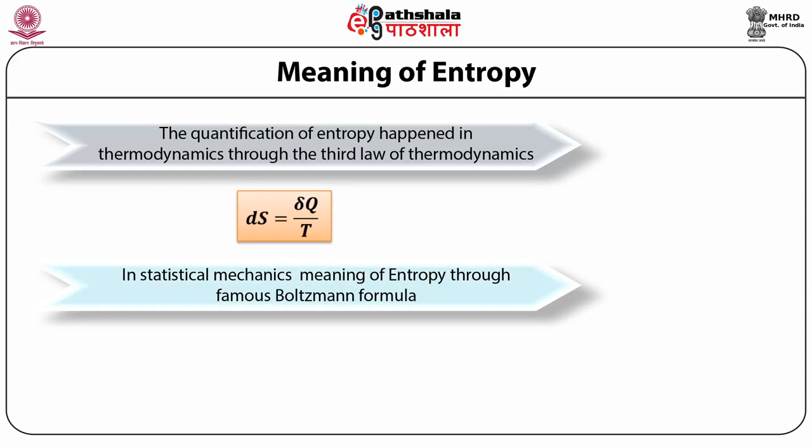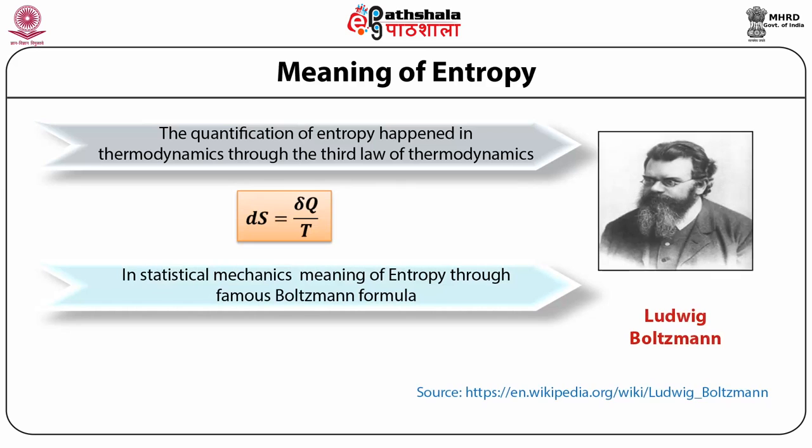In statistical mechanics, the meaning of entropy was given by the famous physicist Ludwig Boltzmann through what is now called Boltzmann formula. S is equal to k_B log W, where k_B is Boltzmann constant and W is thermodynamical probability.